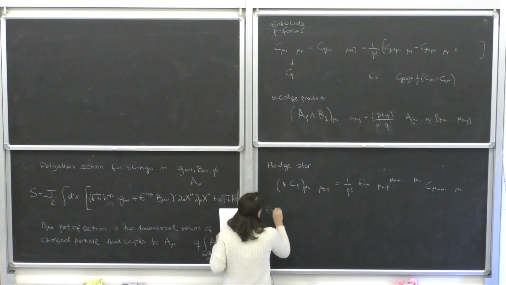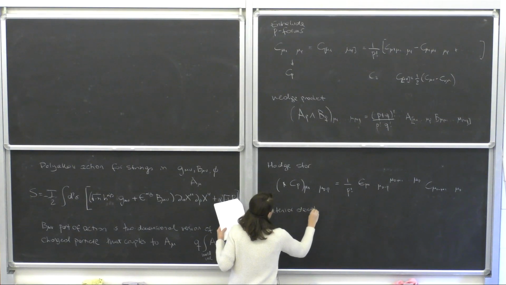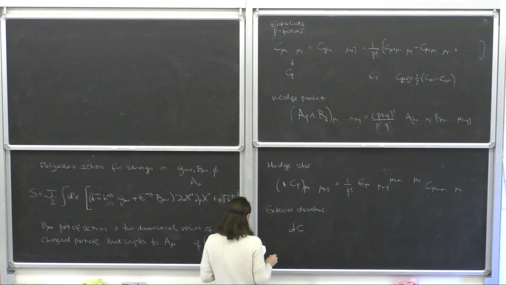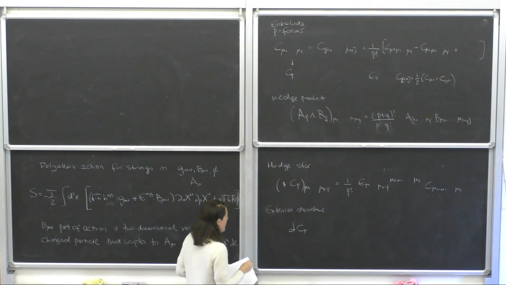Another thing we'll need is the exterior derivative, which for a p form gives a p plus 1 form.